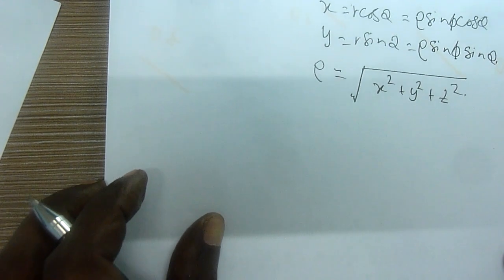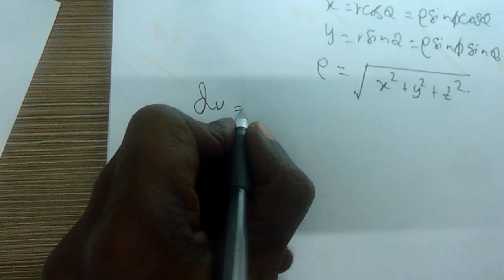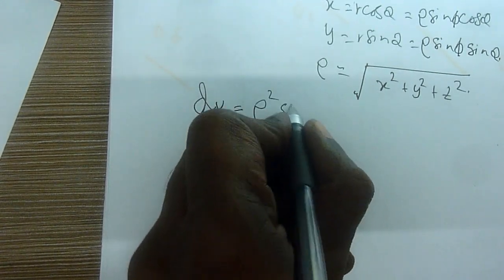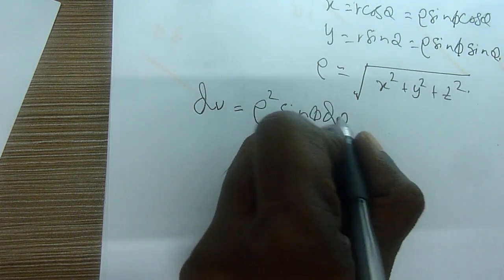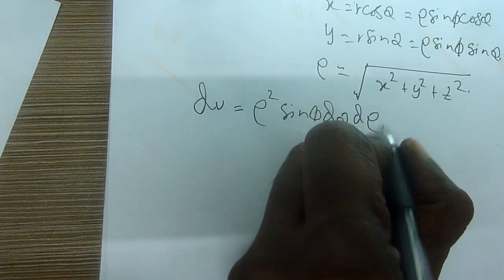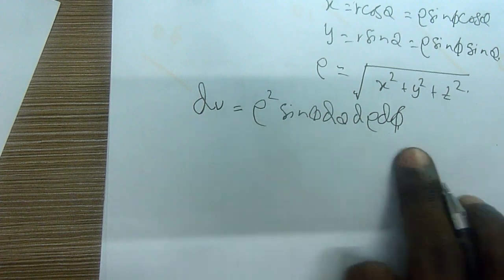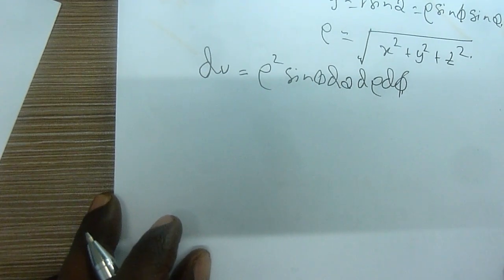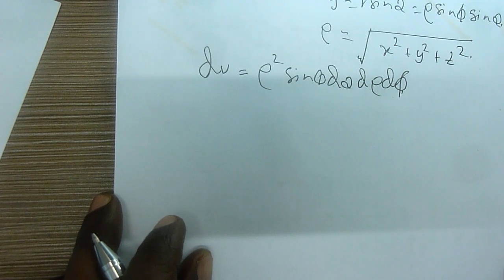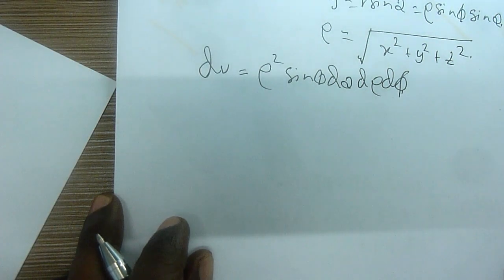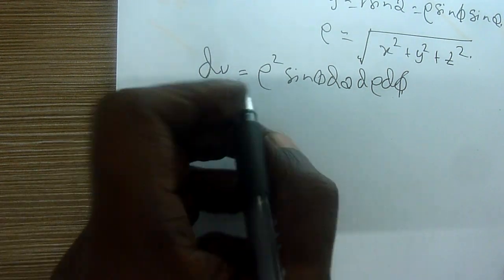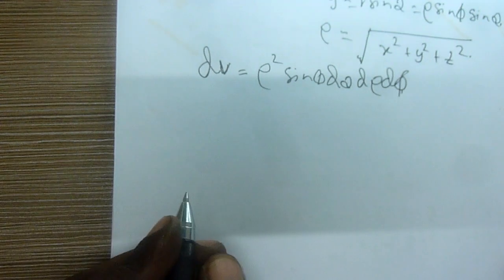With that, we have done. And dv is rho squared sine phi d theta d rho d phi, or you can change the order accordingly. With that we have done vertical and horizontal. dv is important, later I will change it.